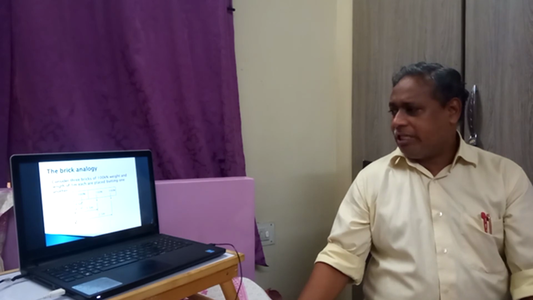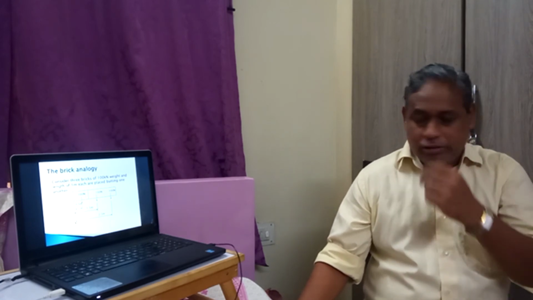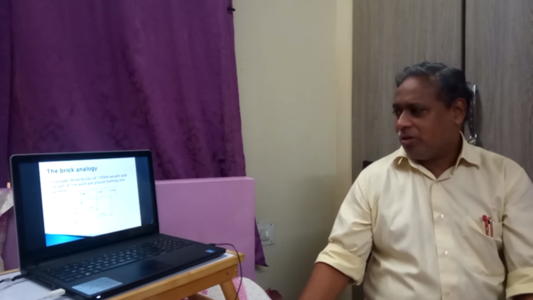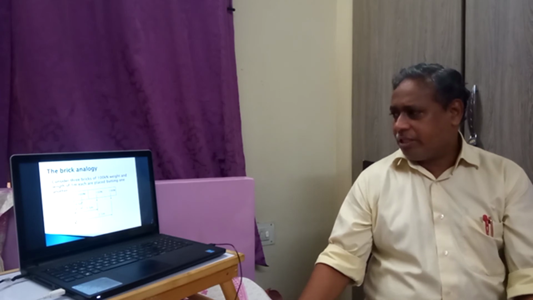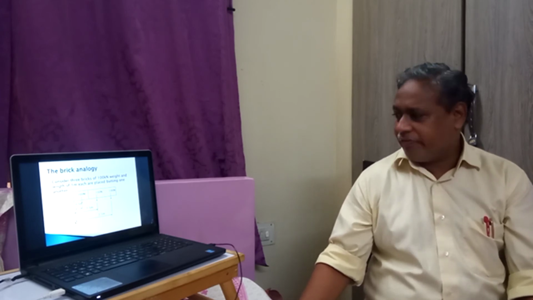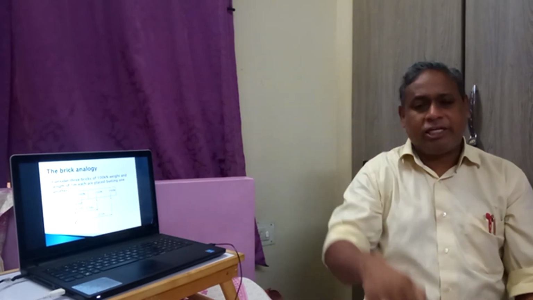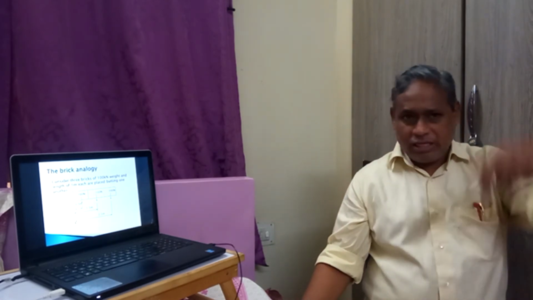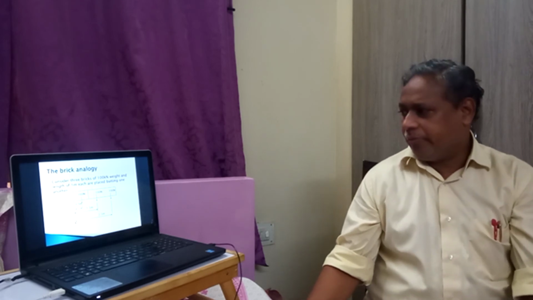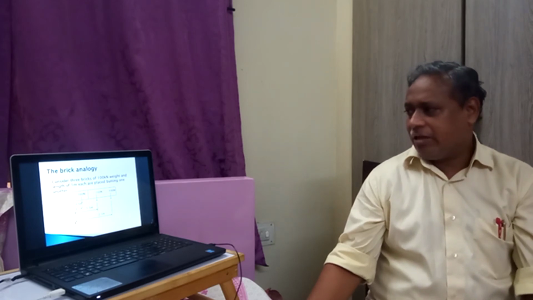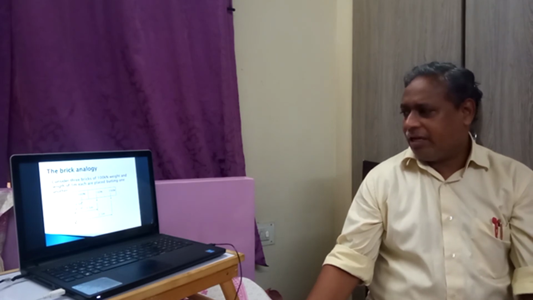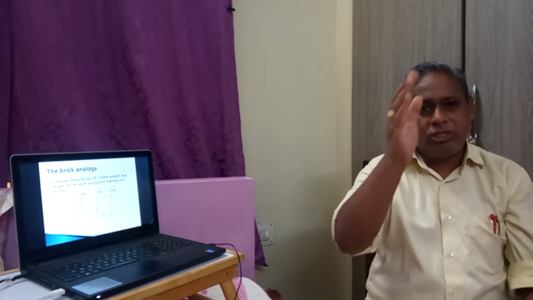Since the bricks are symmetrical, this 100 newtons acts through the center of the brick, that is at 0.5 meters. If we take the moments about the y-axis, the weights act vertically, so the perpendicular distance is horizontal. The first brick acts at a distance of 0.5 meters, that is through its middle.